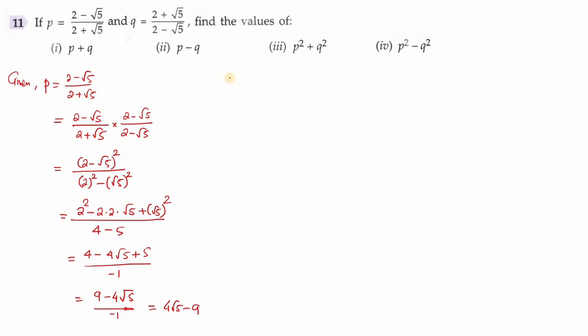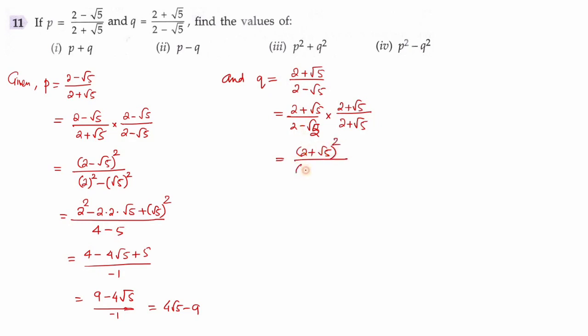Similarly, we'll find q as well. We have q equal to 2 plus root 5 divided by 2 minus root 5. So we will rationalize the denominator by multiplying by 2 plus root 5 to both numerator and denominator. The numerator is in the form of a plus b whole square, that is 2 plus root 5 whole square, and the denominator is as usual 2 square minus root 5 square.